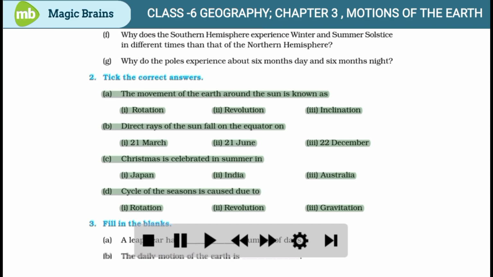C. Christmas is celebrated in summer in 1. Japan, 2. India, 3. Australia. D. Cycle of the seasons is caused due to 1. Rotation, 2. Revolution, 3. Gravitation.